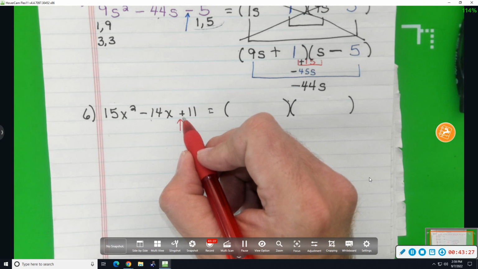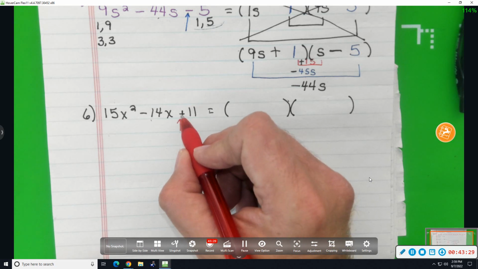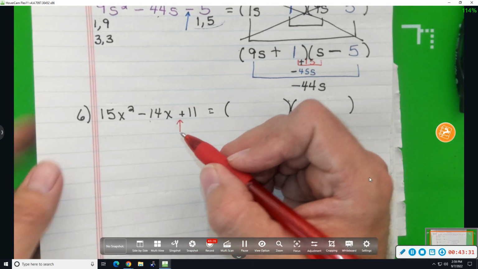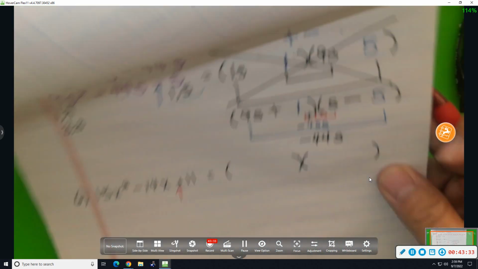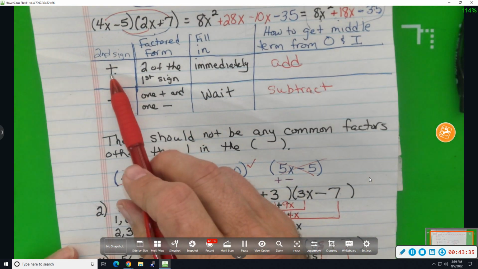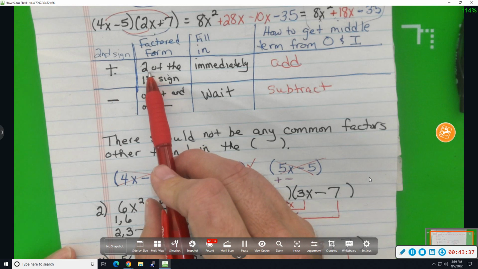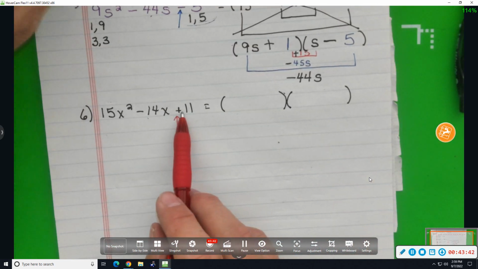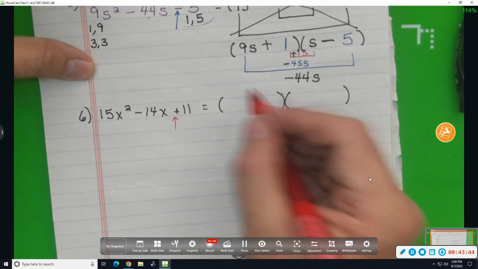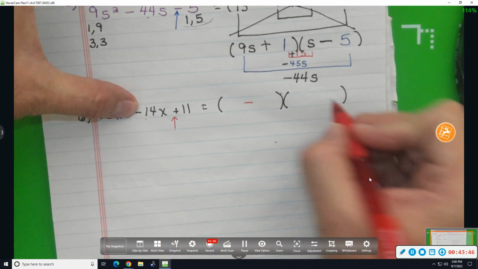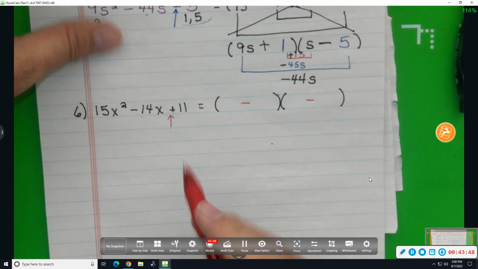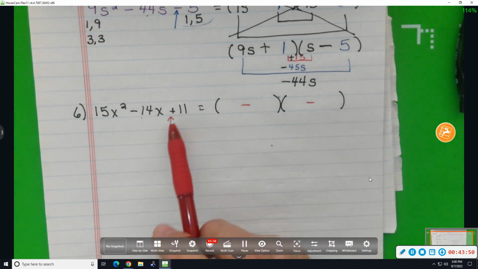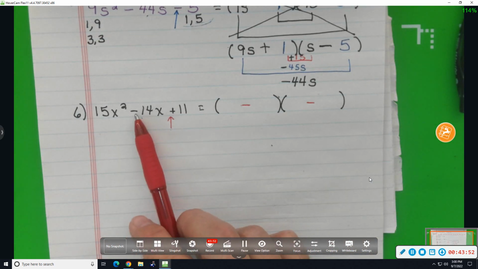So what was that rule about the second sign? The second sign is plus. You have 2 of the first one. So you can fill it in immediately: plus, minus, and minus. 2 of the first. The second sign is plus. You have 2 of the first sign.